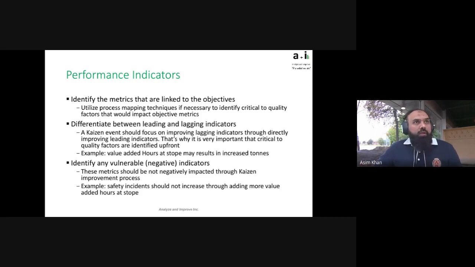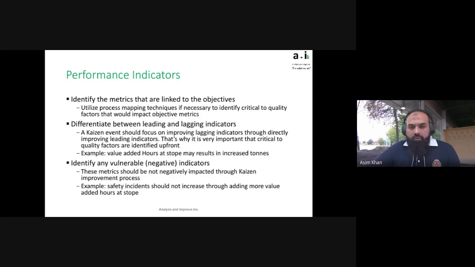And then I should have some KPIs which measure that part of the scope, which will be your leading KPIs, and then lagging KPIs hopefully are things which will improve over time by improving those leading ones. So I gave some examples here on tons and value-added hours.